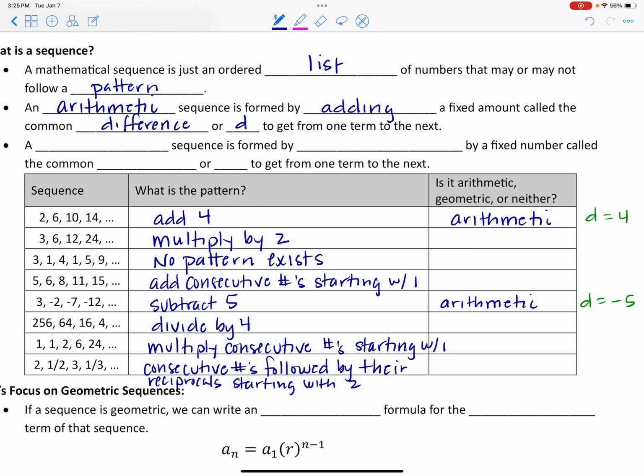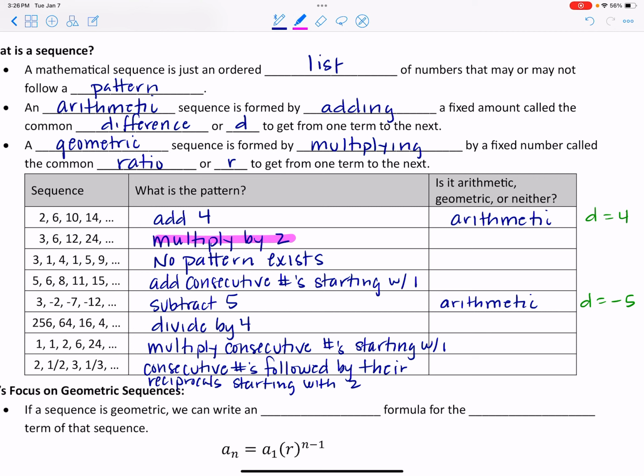All right, now the other type we want to focus on today is called a geometric sequence, and then we have a different type of pattern. The pattern is formed by multiplying, again by a fixed number, to get from one term to the next. And that fixed number we're going to call the common ratio between the terms, and we're going to use the letter R. So we've got a few multiply ones here and a divide one to look at.